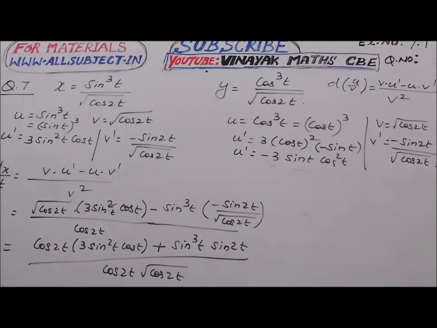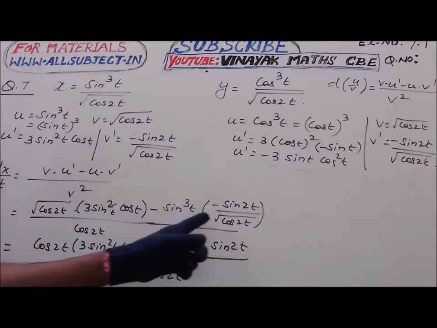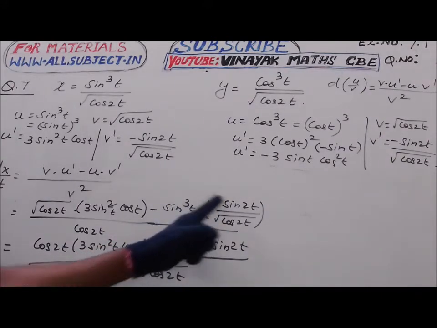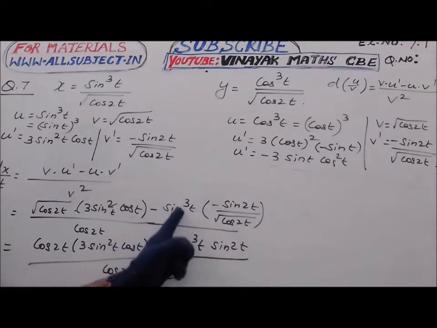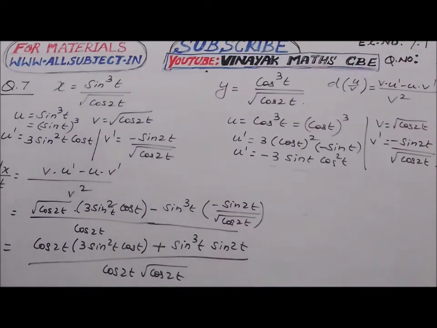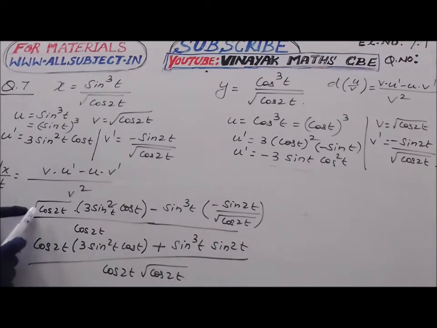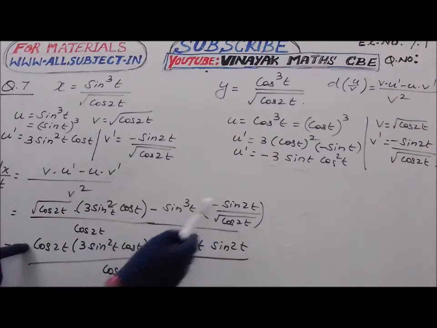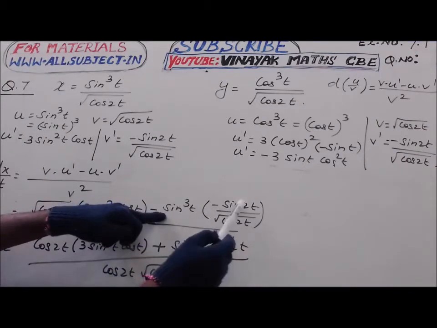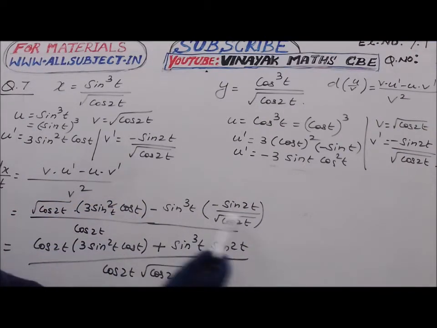So cos 2t into root of cos 2t. We take the LCM. Now plus sin cube t into sin 2t by root of cos 2t. Then cross multiply this cos 2t here. Root of cos 2t into root of cos 2t is cos 2t. And the remaining term 3 sin square t into cos t. Then minus into minus plus. Numerator sin cube t into sin 2t divided by root of cos 2t, by taking LCM.